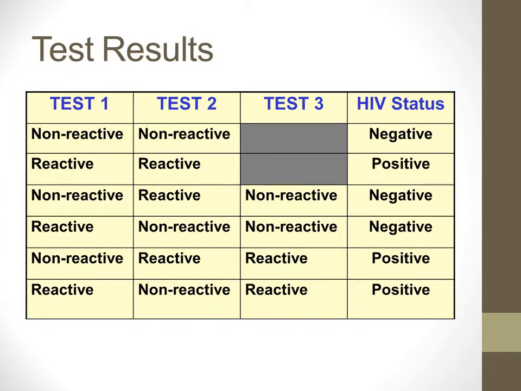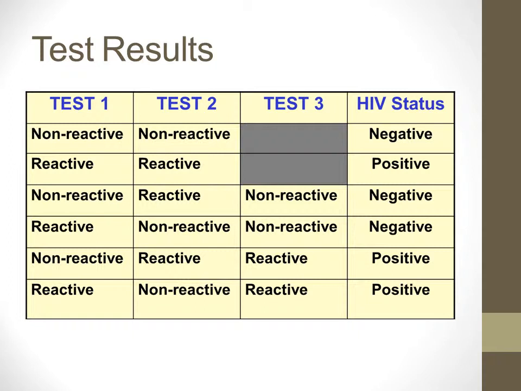The table shows how to interpret results based on the 2 tests that are performed for HIV. It is typically straightforward when you have the 2 tests either non-reactive or reactive. If the 2 tests are non-reactive, of course the patient is HIV negative. If the 2 tests are reactive, of course the patient is HIV positive.